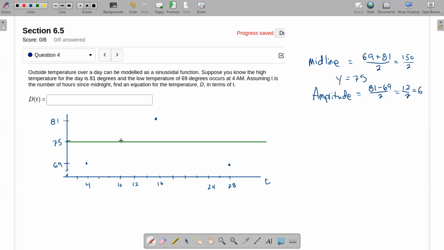So 24 hours total, 12 hours to the middle, 6 hours would be a quarter. 6 hours after 4 is 10. So I'm going to hit right there. And then another 6 after 16, so that'd be 22 right there. Okay, so that's my wave there.